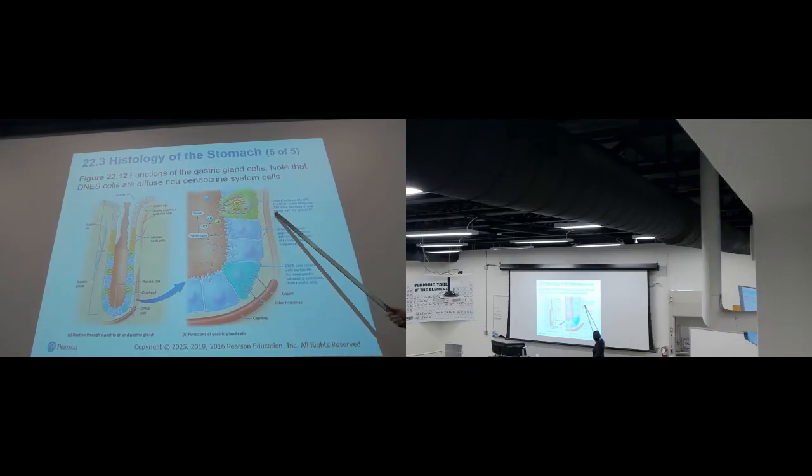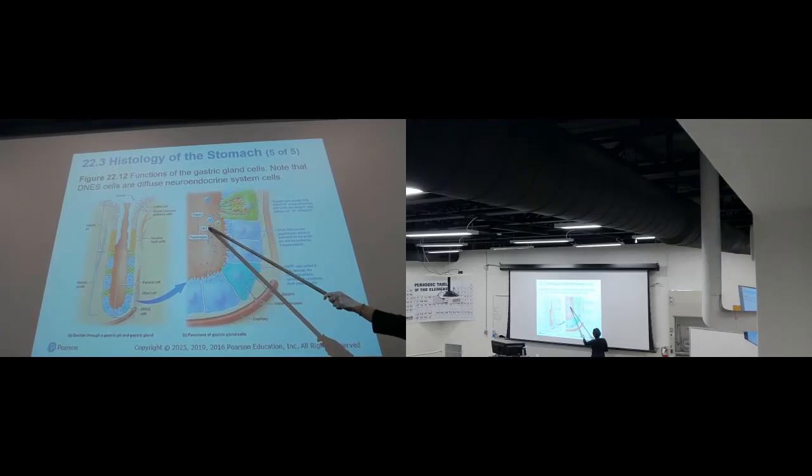And then chloride is going to diffuse from the basal region of the cells, which is this, to the apical region. Passively, it's going to diffuse from basal to apical, and then once it's found in the lumen, these two will form hydrochloric acid.